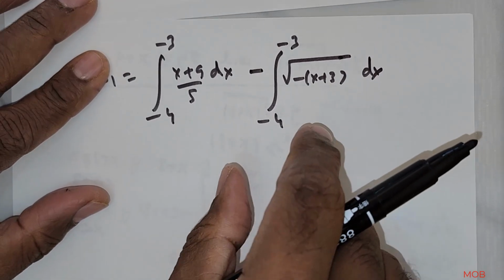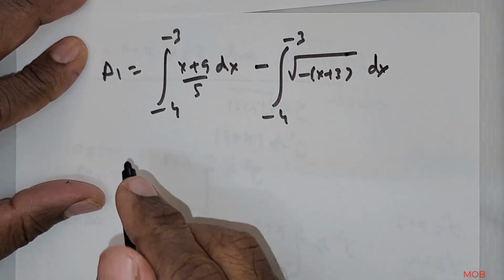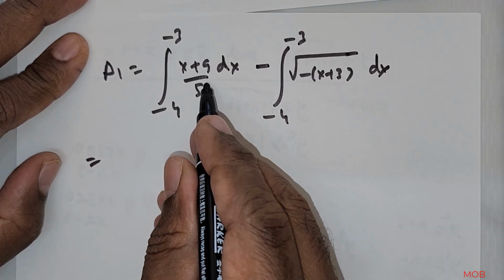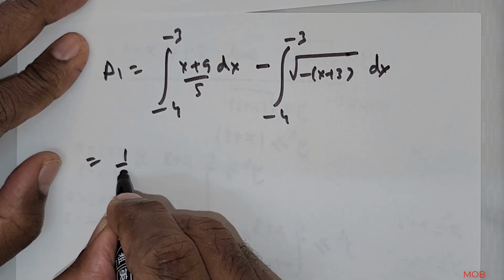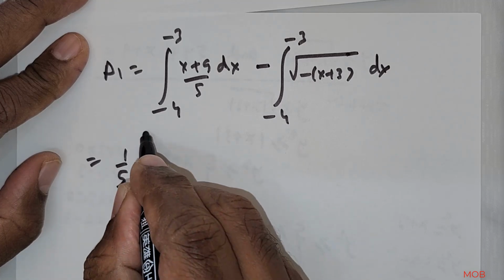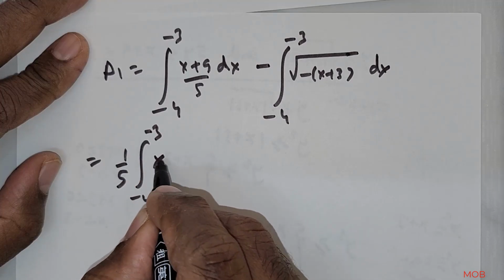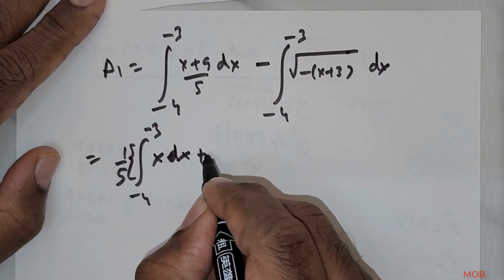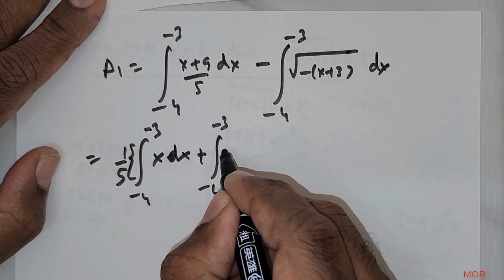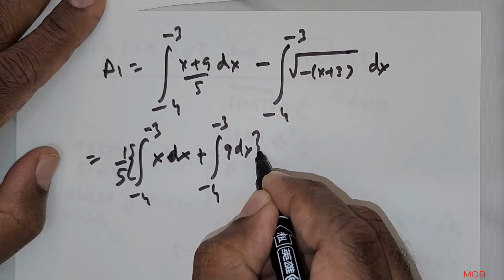So what I'm going to do is, this is straightforward integration. So if I were to take, say 1 over 5, this is negative 4 to negative 3 of x dx, plus negative 4 to negative 3, 9 times dx.